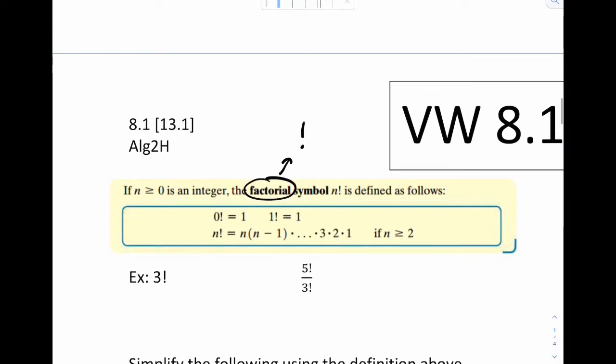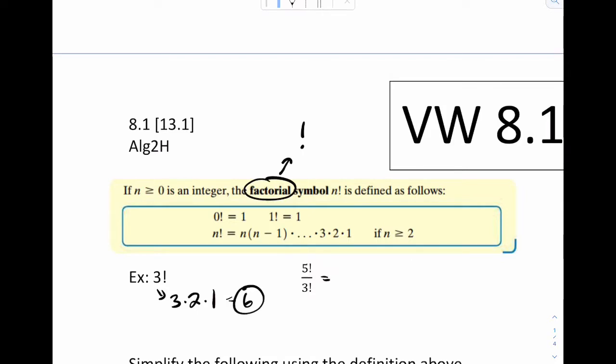What it essentially means is you just multiply down by subtracting 1. So n factorial is defined right here. So 3 factorial means 3 times 2 times 1. So notice how we just multiply everything by the number that's 1 lower until you hit 1. So 3 factorial would be 6.